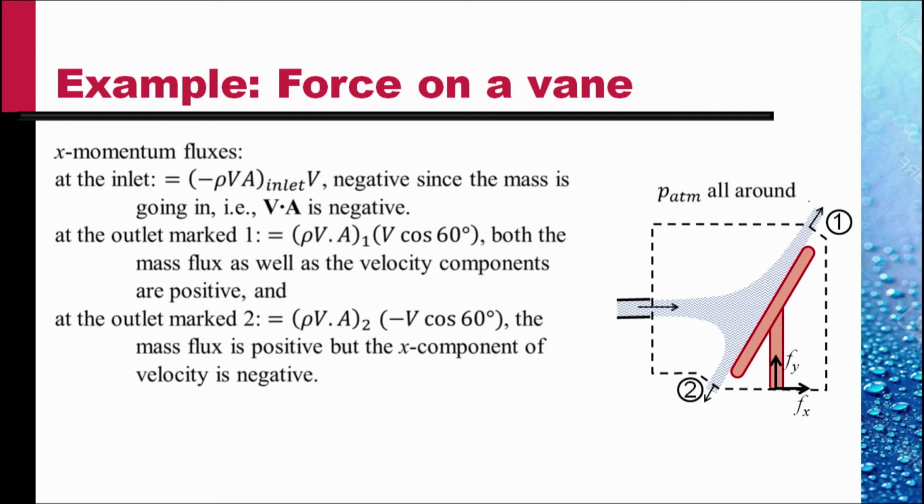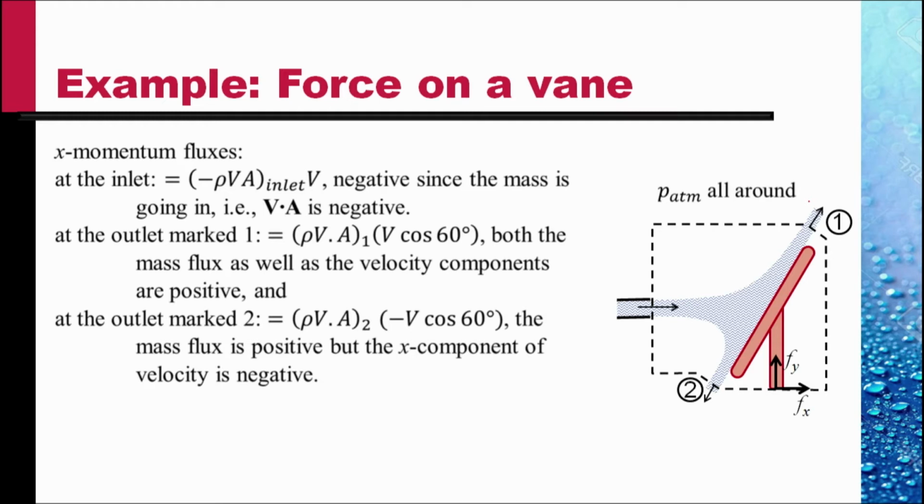There is an x component of velocity which is positive. So if V is the velocity, then the x component V cosine 60 degrees. The angle of the vane is 60 degrees. So both the mass flux as well as the velocity components are positive. And so this flux is positive.